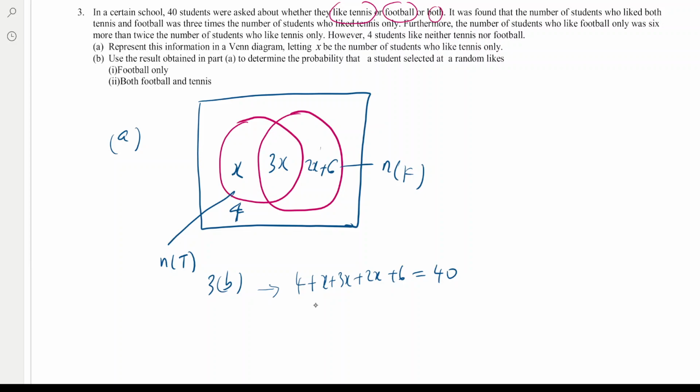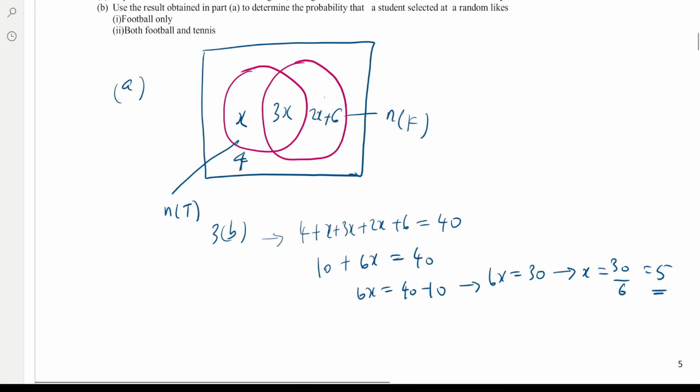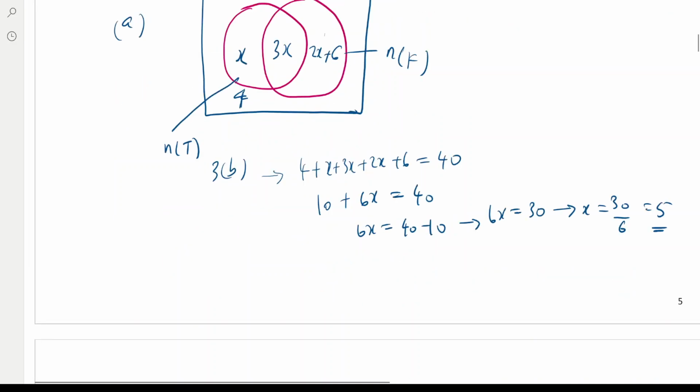So we're supposed to find the number of students who like football only. From the Venn diagram, it is 2x plus 6, which is 2 times 5 plus 6, you get 16.